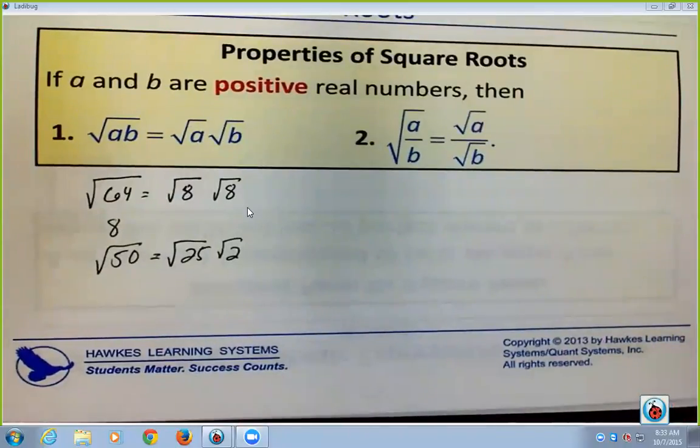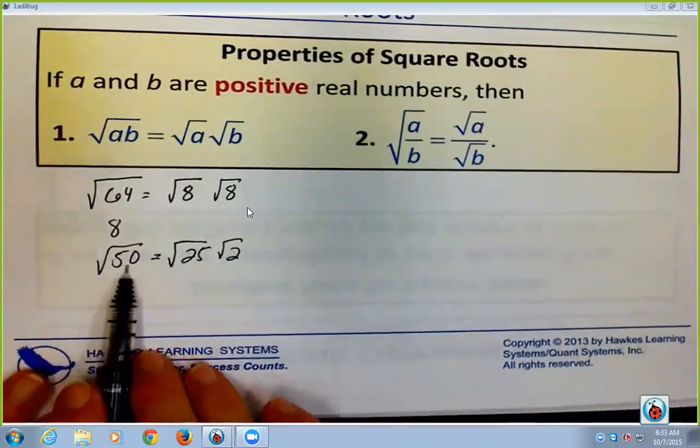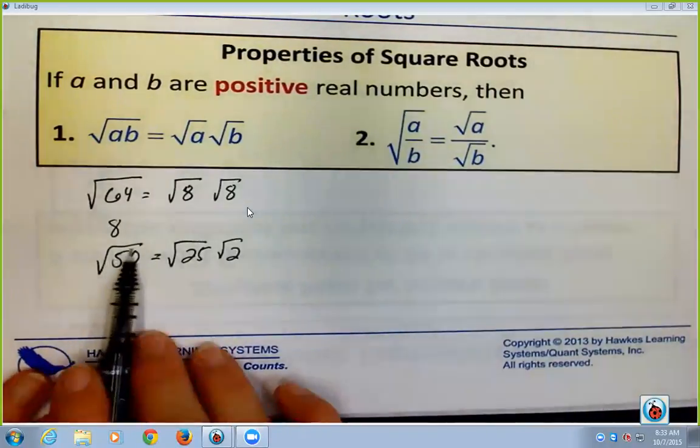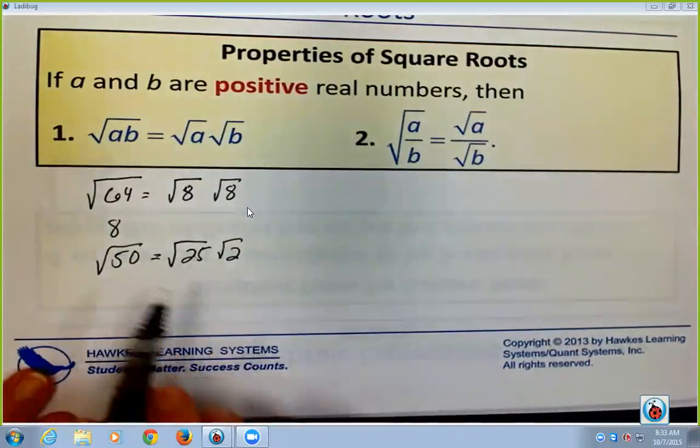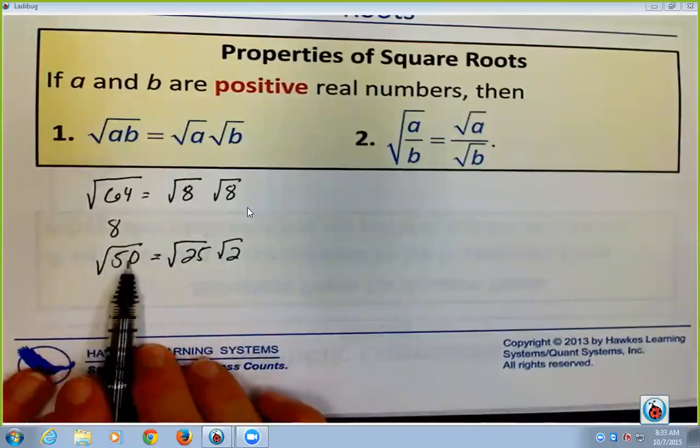And so what I'm looking for in here, and this is just one method of doing that, is to look for perfect squares that are factors of that number. Okay, so the 4, the 9, the 16, the 25, the 36, the 49, and the 64 and 81 are things that I would look for in here.